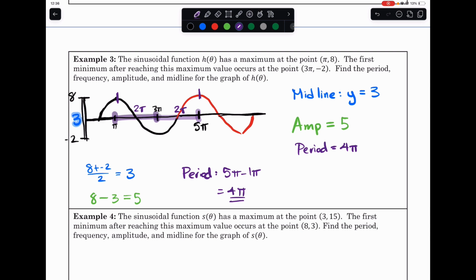So if I know what the distance is from one max to one min, then the period would simply be twice that distance, because from one max to one min, we're creating half of a cycle of a cosine function. So the other half would be, again, just as long. That means that our period is 4 pi, and our frequency is 1 over 4 pi.